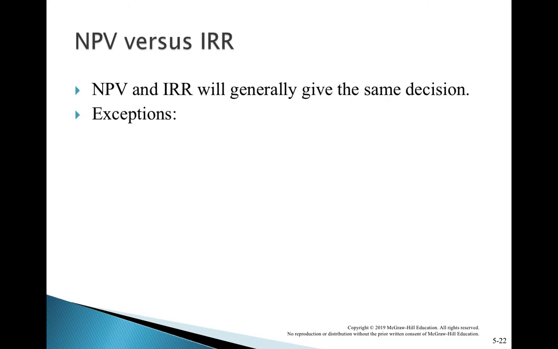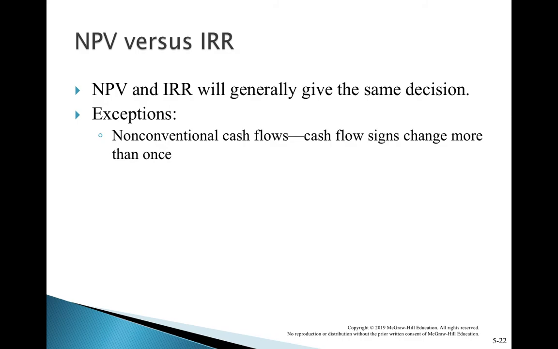NPV versus IRR: when the question comes, which one is better, NPV or IRR? You can always, blindly, say NPV is better than IRR. If both are there, which one is preferred? NPV is preferred. With conventional cash flows, normally NPV and IRR give the same answer, identical.